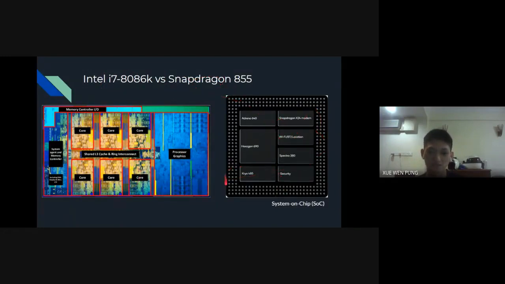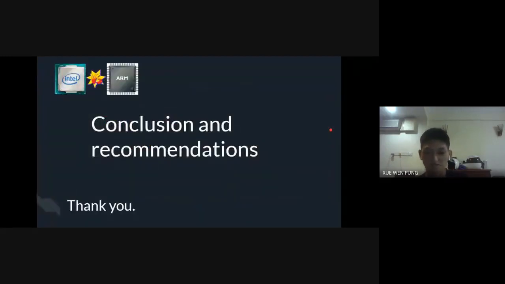So you can see the area that is occupied by CPU cores, this portion only for Kryo 485, combining both silver and gold, whereas the Intel i7 has the center portion, almost half of the area, for the 6 cores, as the Snapdragon is a system on chip consisting of other chips for other functions, mostly for mobile devices.